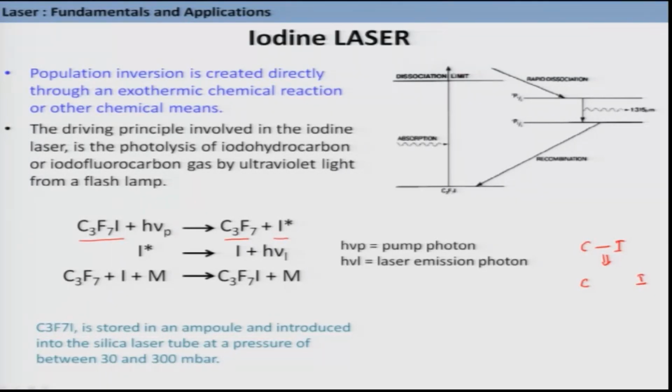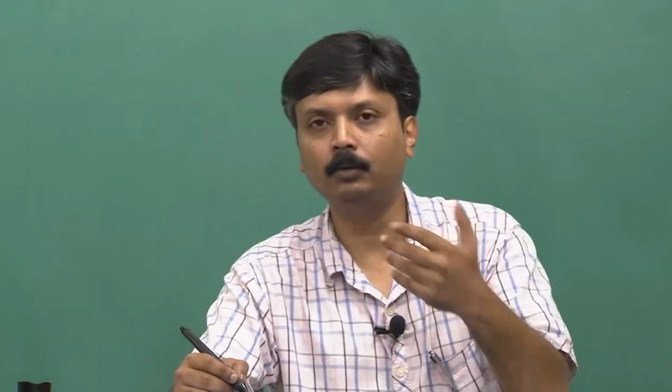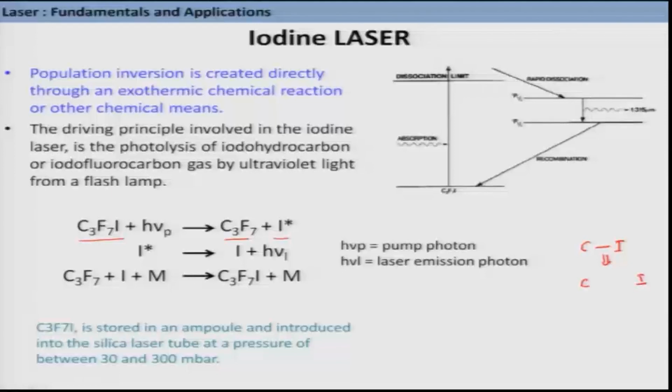So the energy that is provided will break only the C-I bond, because the C-F bond needs much different energy compared to C-I. Once this C-I bond is broken, the iodine atoms can be produced either in their ground state or in an excited state.